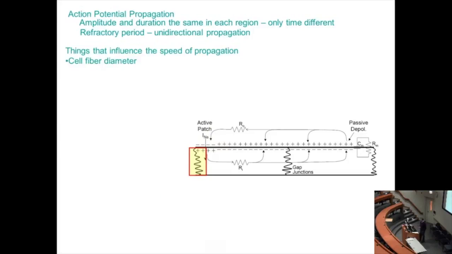Things that affect the speed of propagation: the bigger the cell diameter, the more rapid the propagation. I won't go into why that is. It's got to do with cable theory, and it will not make you better doctors to understand why. Just know that it is. Bigger diameter, more action potential propagation.